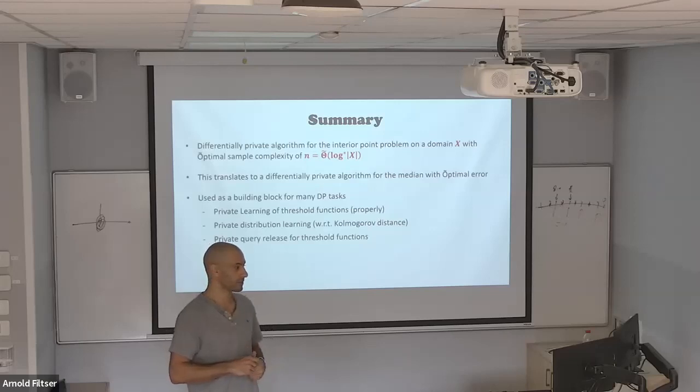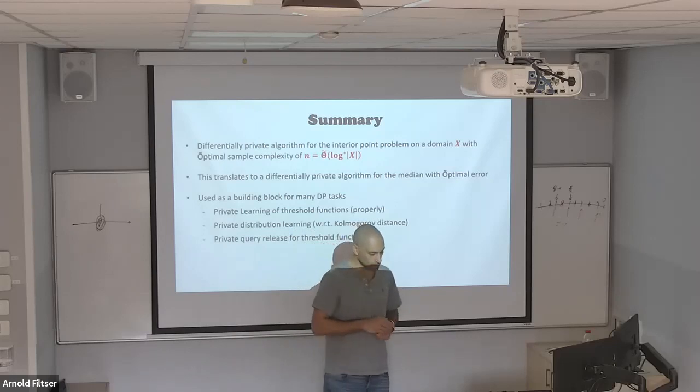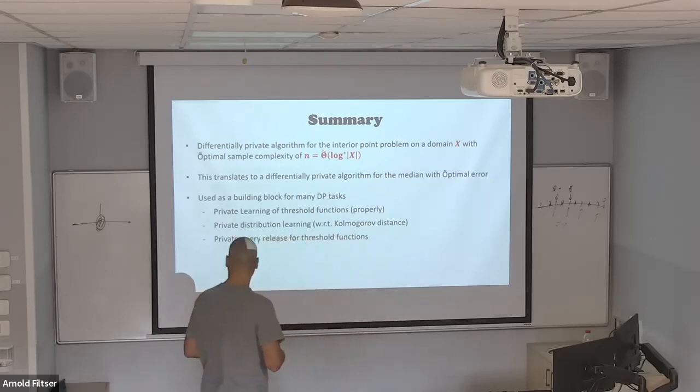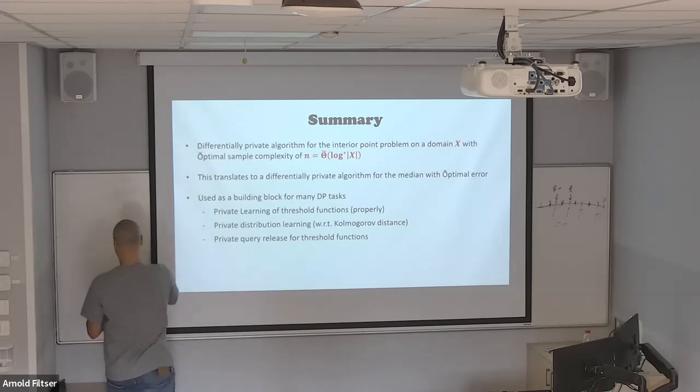What about related problems like average or norm estimation, stuff like this? So at least historically, the most related problem was in the context of private PAC learning. When you see it, you'll see that it's almost exactly the same.